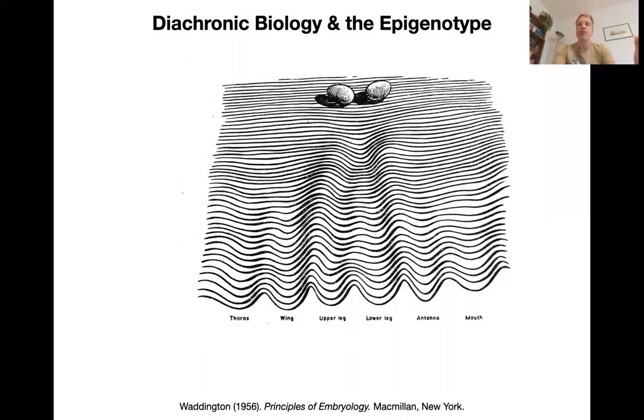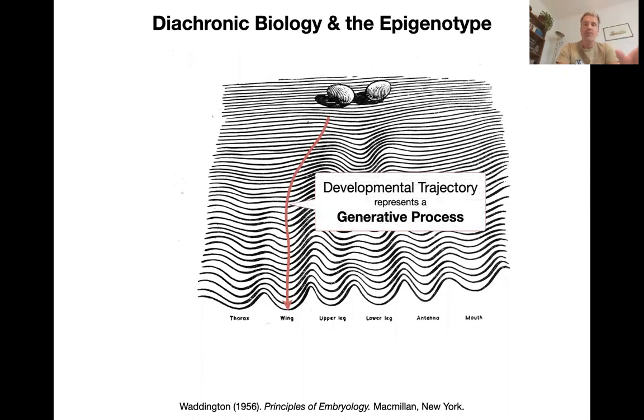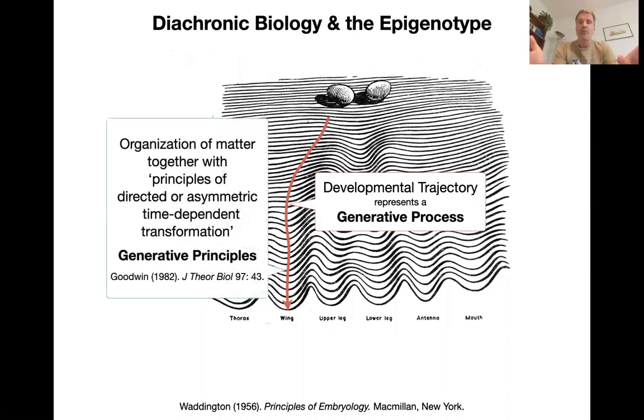Of course, we've already been through this. Waddington's diachronic biology tells us that this map represents generative processes, developmental trajectories, "trios" in Waddington's term, and generative process in the vocabulary of Brian Goodwin, who we will extensively discuss in the next lecture.